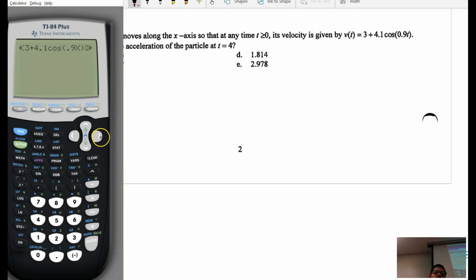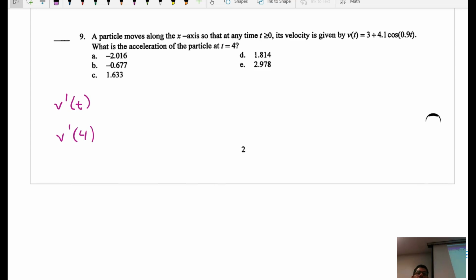And after we take the derivative of that function, we want to evaluate that at x equals 4. Just typed in the function. Answer choice C.